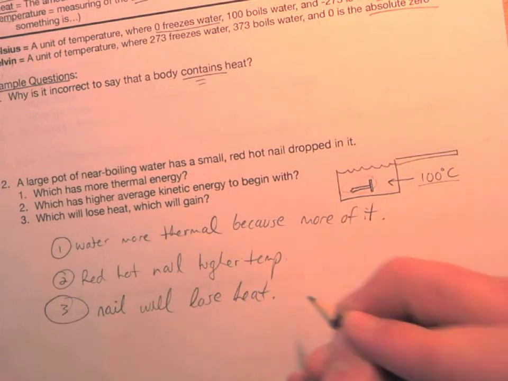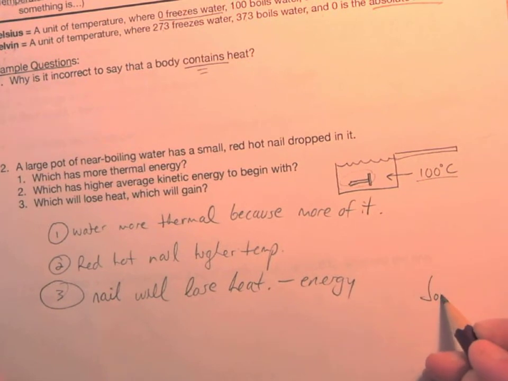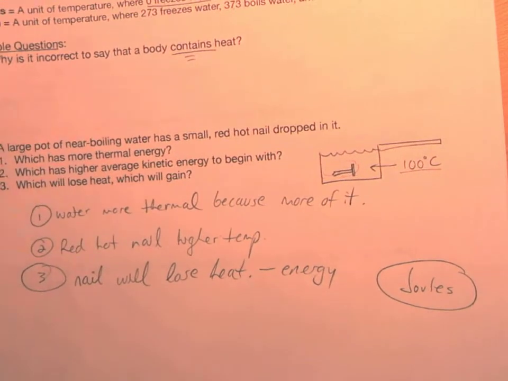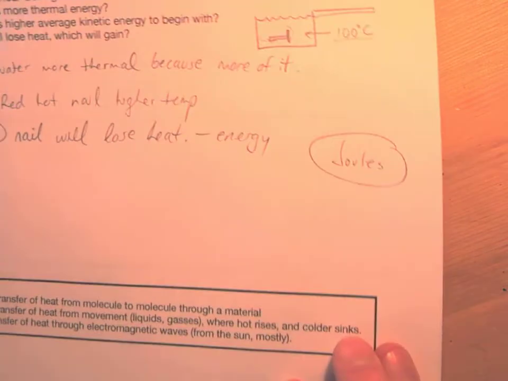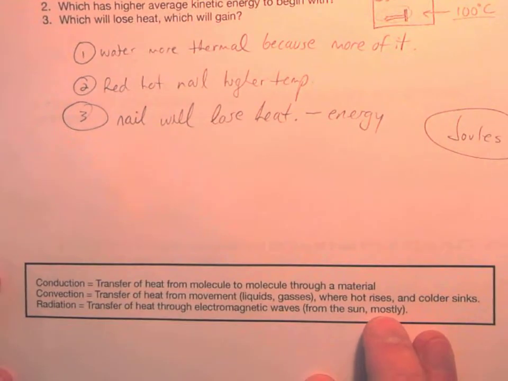And when you talk about heat, it's really just energy. So I know we worked with joules. That's the same unit that they use to define heat, or thermal energy, sorry, is how many joules something is transferring or has.